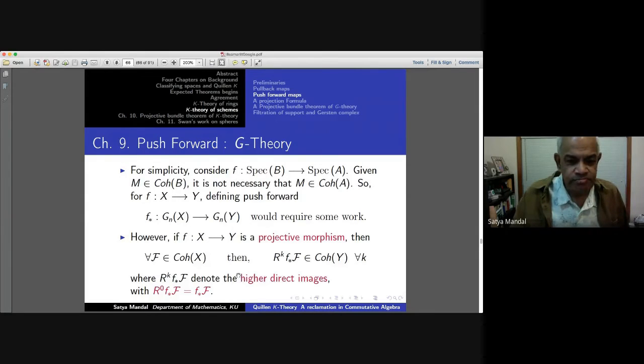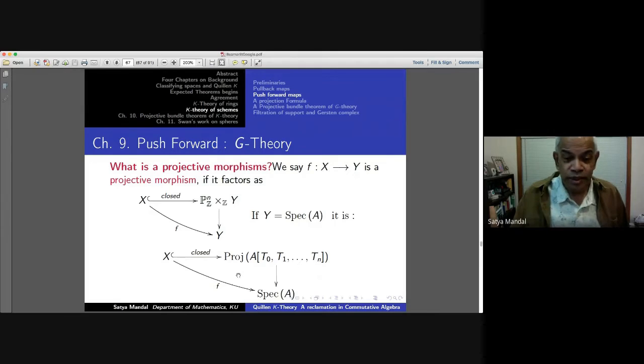Okay, so what is a projective morphism? Let's look at the second diagram first. Let's define a projective morphism X to Spec of A. It is just a closed immersion into Proj of A[T0, T1, ..., Tn], so projective space over A, followed by the projection.